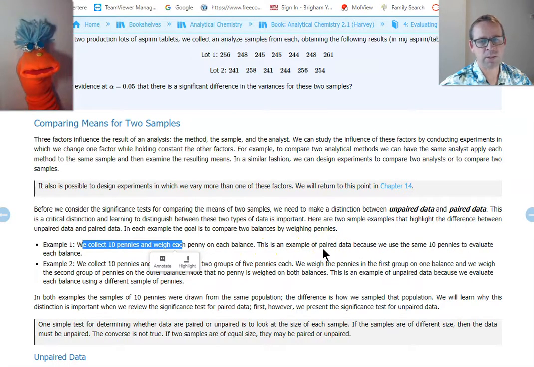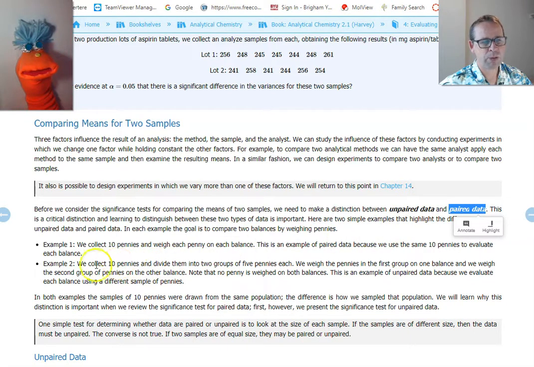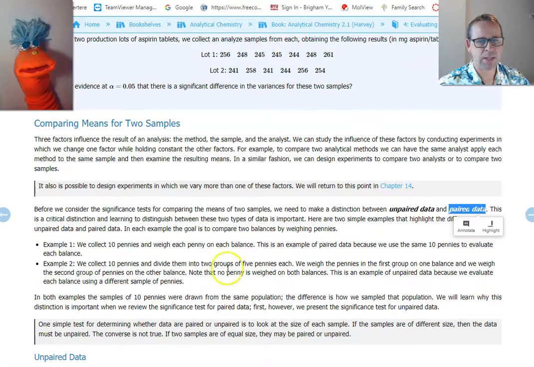So we'd have two sets of 10 where they're all the same pennies. This would be an example of paired data. An unpaired group would be taking two sets of 5 pennies, 5 pennies each, and then weighing them on separate balances. This is an example of unpaired data.